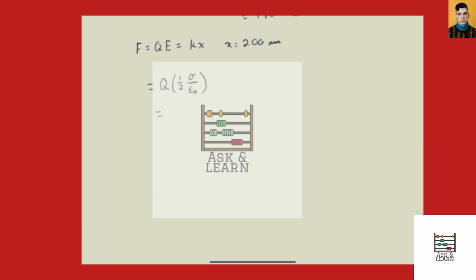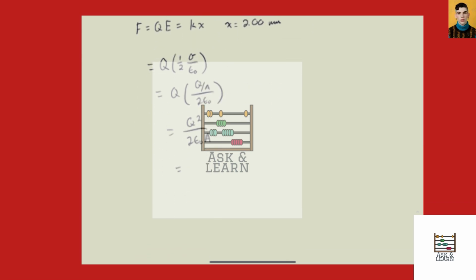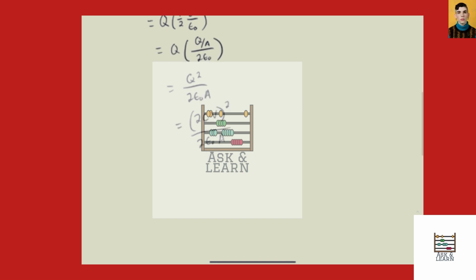So this is Q times, and then sigma is Q over A. Okay, so this is going to be Q squared over 2 epsilon naught A. But Q, we already know, is 2C times V. So (2CV) squared divided by 2 epsilon naught A. This is 2 times C squared times V squared, and the 2 is already canceled out, so over epsilon naught A.